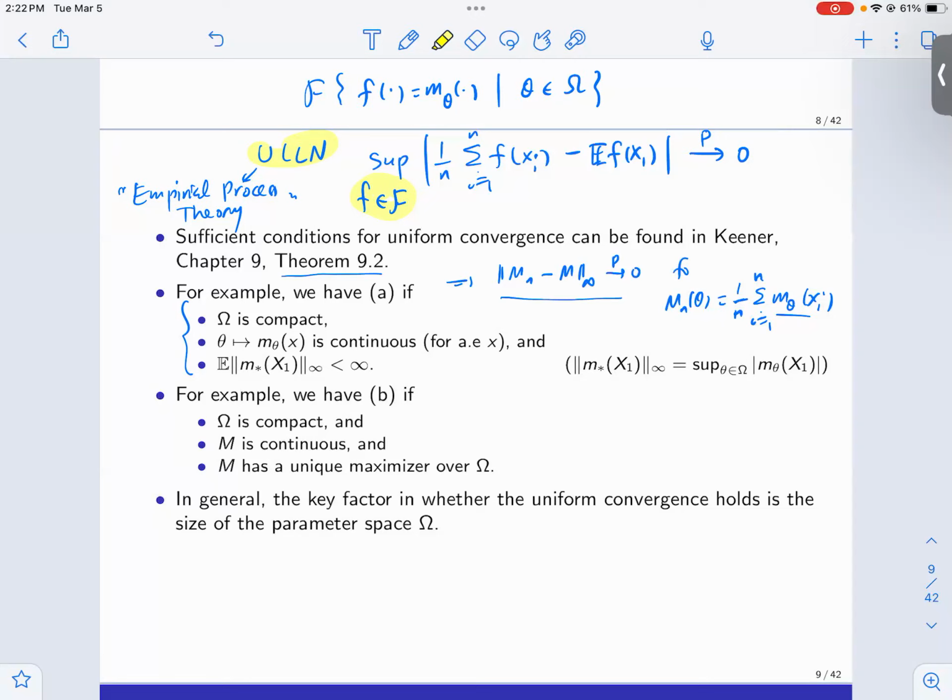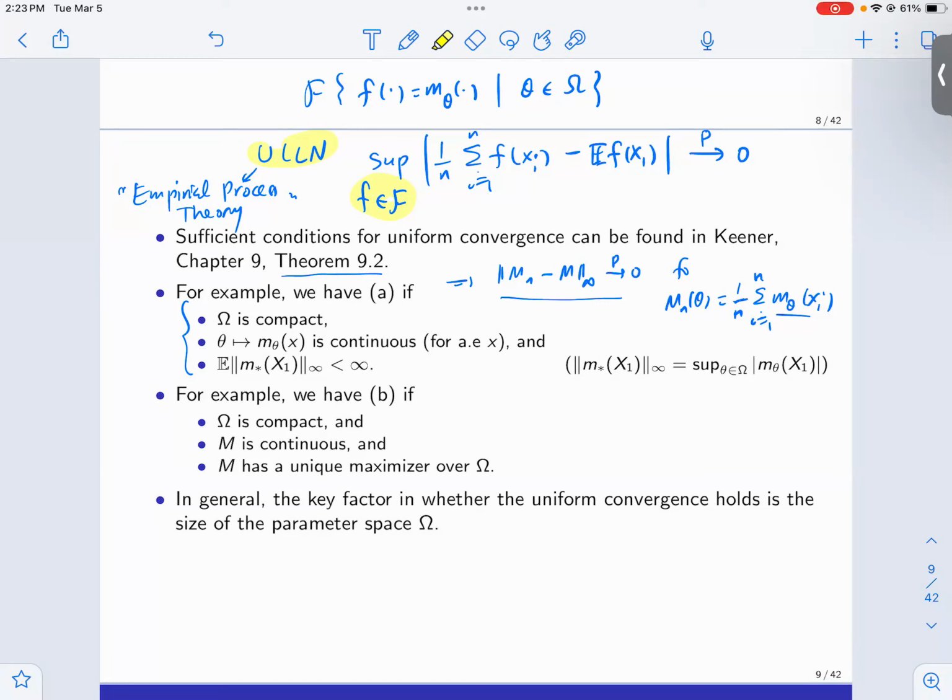When things are compact, you can reduce it to the finite case, basically. The general idea is that you want to reduce it to a finite subset. You want to approximate all the functions within the class by a finite set of points, and then control the approximation errors. But because it's a huge area, I'm not going to go into it.